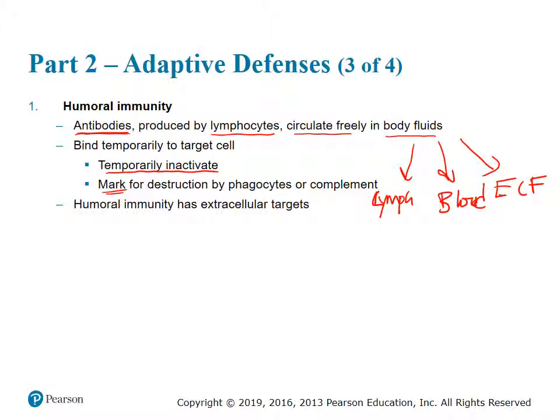Neutralization is all about inactivating the particular target cell or the antigen, if you will, and preventing it from causing more damage. And also what it does is mark it like a flag or an alert system, telling the rest of the immune system to attack that particular cell or that pathogen.